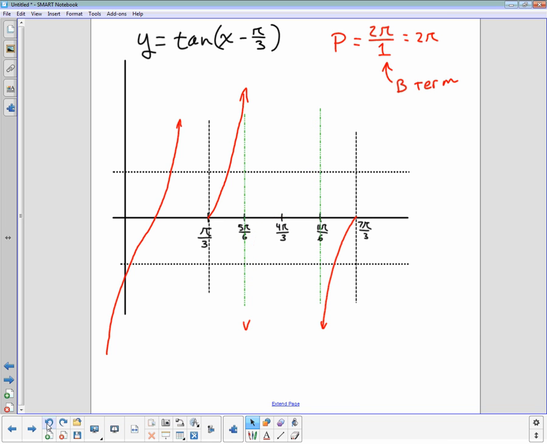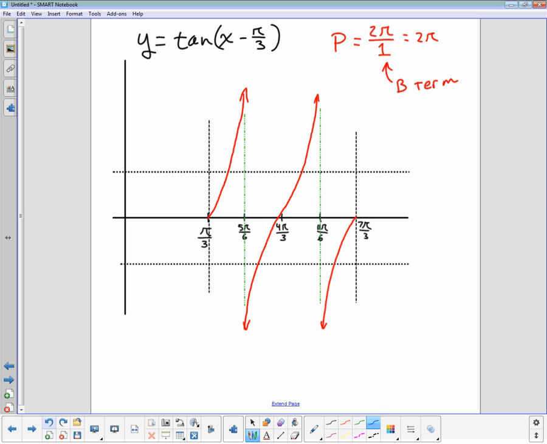In fact, the guiding principle is that right here, where it crosses through the box, is the midpoint of that interval. Okay? So if you can make your tangent wave go through that midpoint, that will give you an idea about how fast it's climbing.